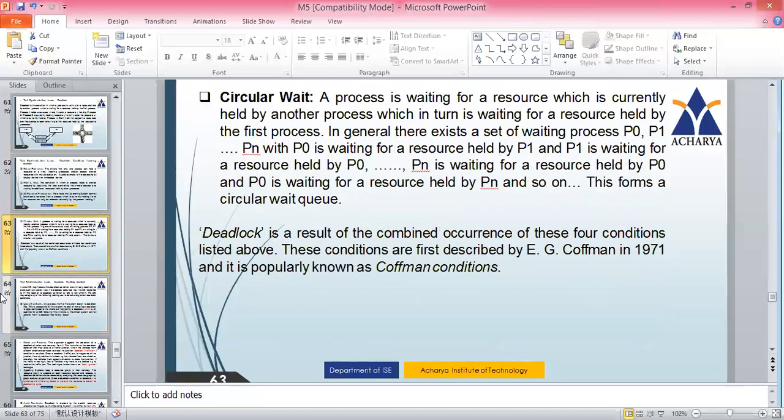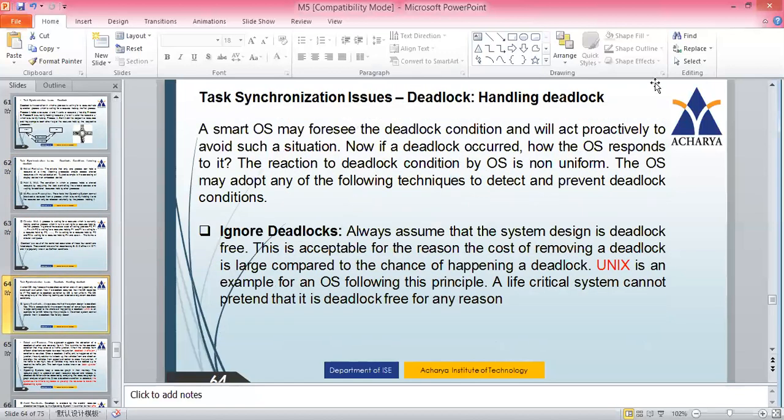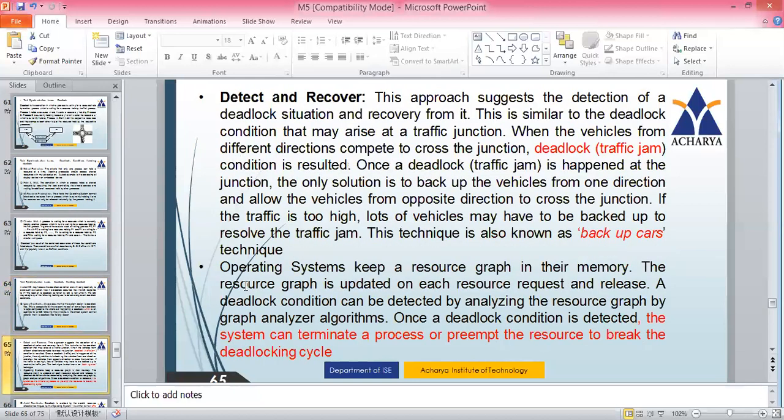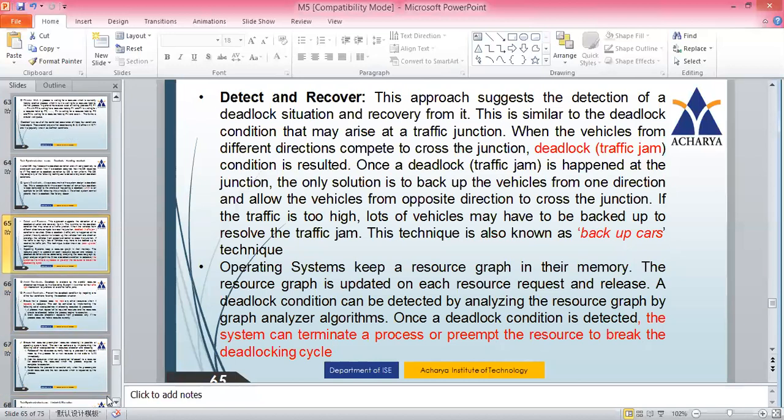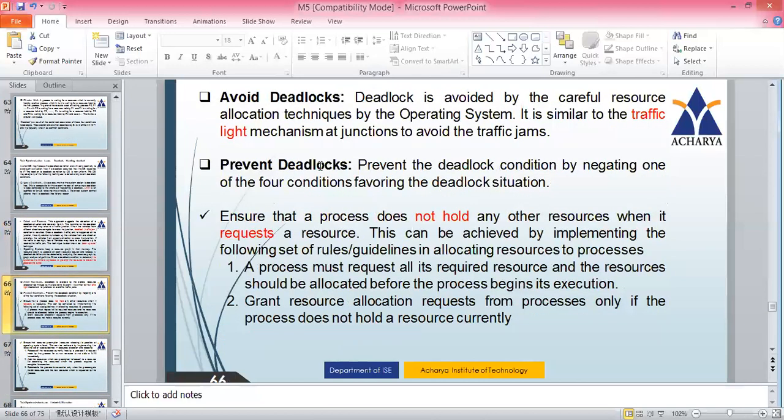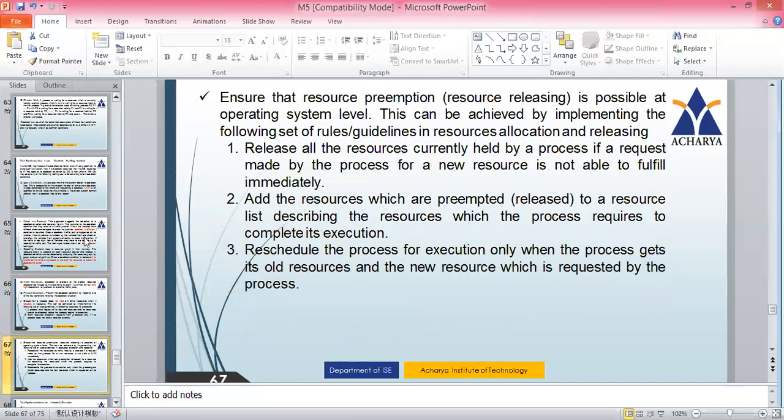All these lead to deadlocks. And then how we handled it: one is we ignored deadlock and the other one we detected and recovered from it. And we also avoided deadlocks and we prevented deadlocks with all these guidelines. So with all these things, we are trying to handle the deadlocks.